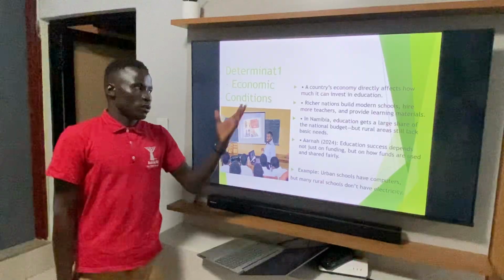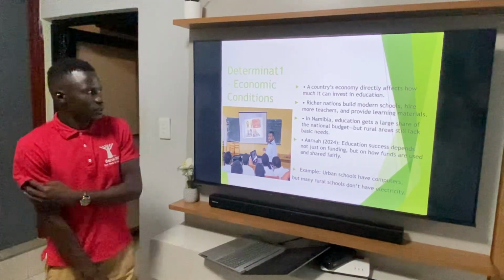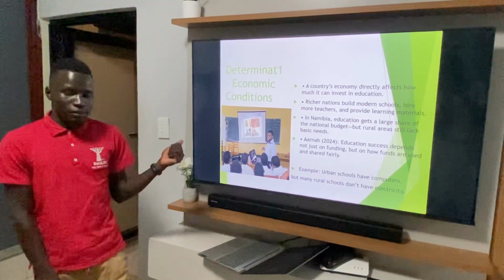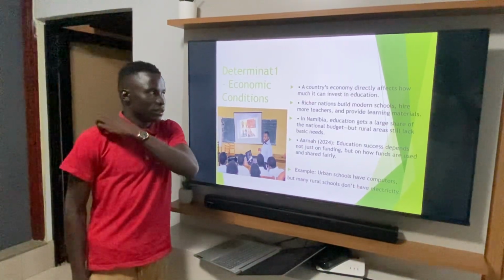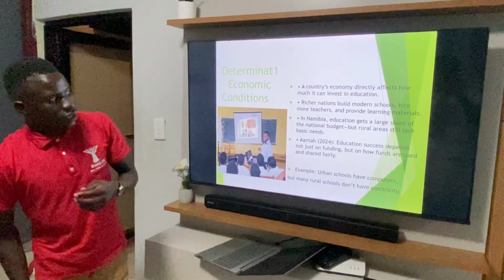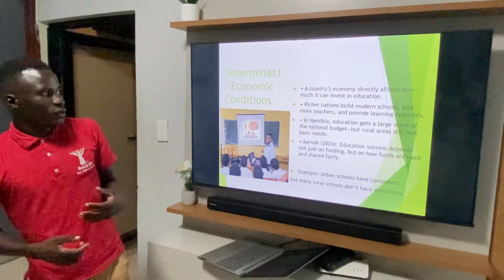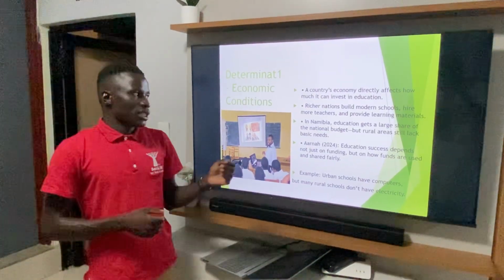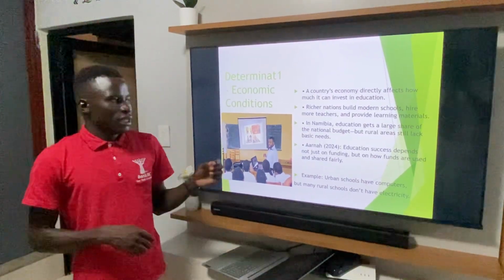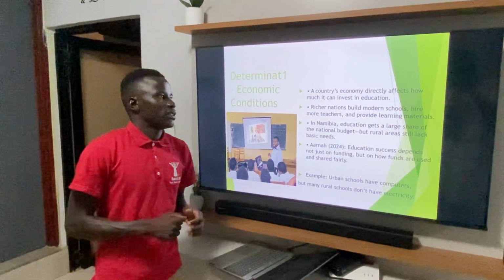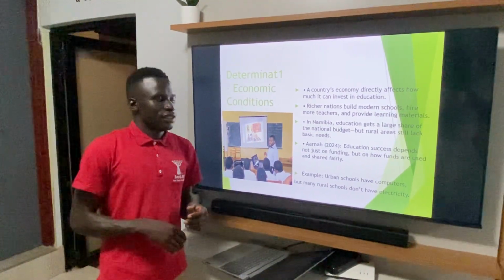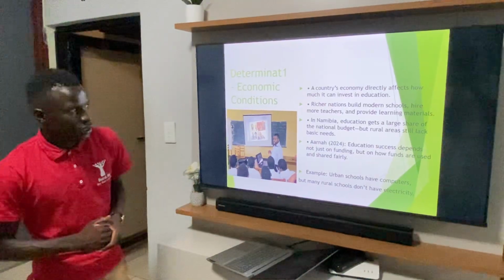Then we move on to determining factors. One of the determining factors is the economic condition. We can say the country's economy directly affects how much it can invest in education.